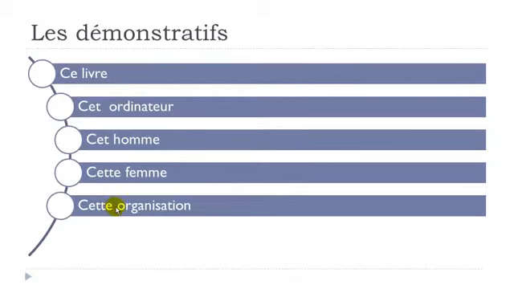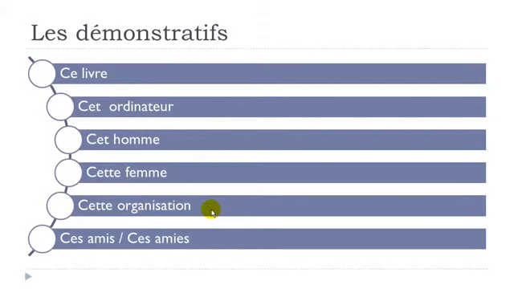Same thing here, if you've got a word like organisation, well, it's the same in English. It starts with a vowel, but it doesn't change anything for the feminine demonstrative here. Cette organisation, cette organisation. And then plural, whether it's masculine, so we've got friends here at the masculine plural, and then friends here at the feminine plural form, but the demonstrative adjective, as you can see, will be the same.